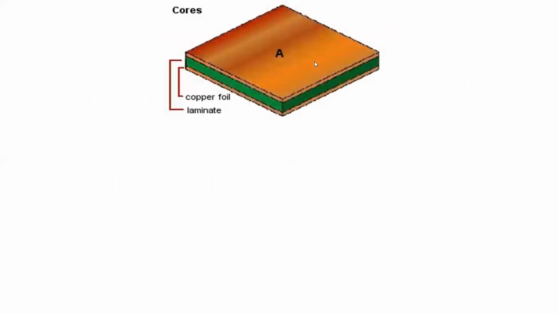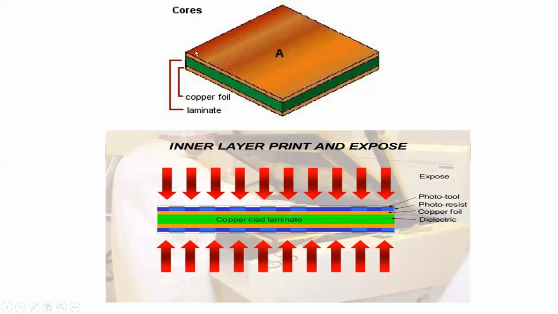Then we can see over here, this is the copper clad shown here. This is the laminate, and this is the copper foil on that. Then see one more here, inner layer print and expose. This is the inner layer, copper clad laminate. The middle one is the dielectric. Then this is the copper foil. Then another one is the photoresist, and this one is the photo tool. It is exposed, internal layer.